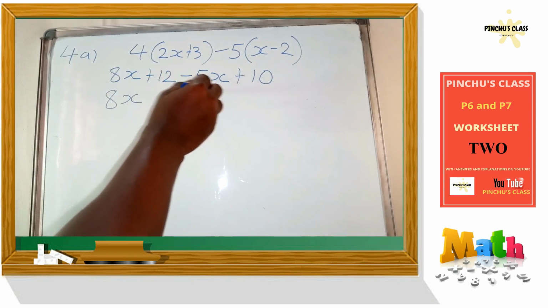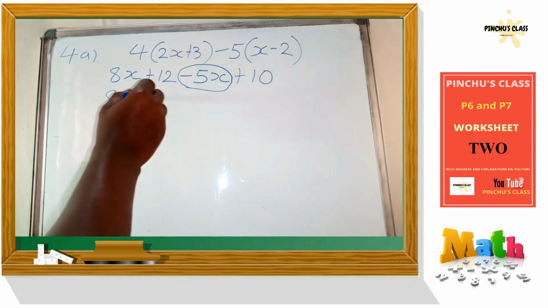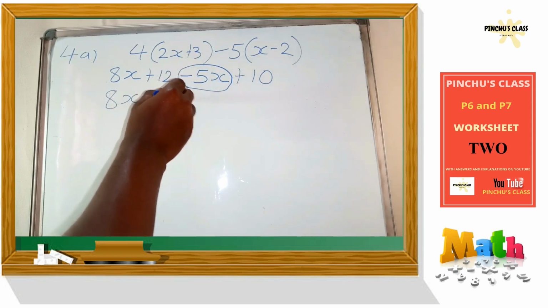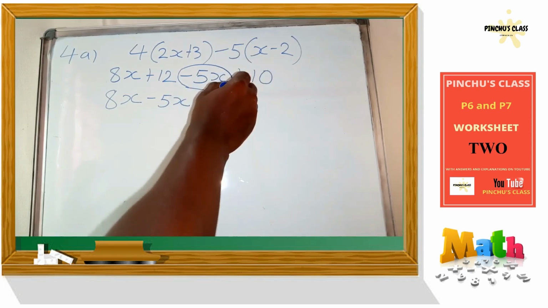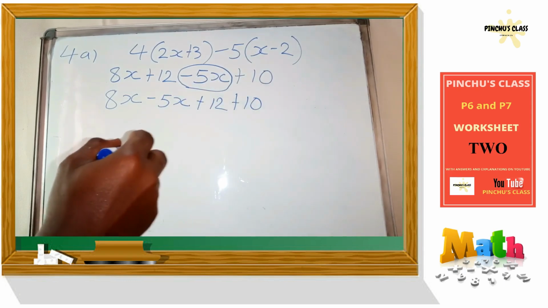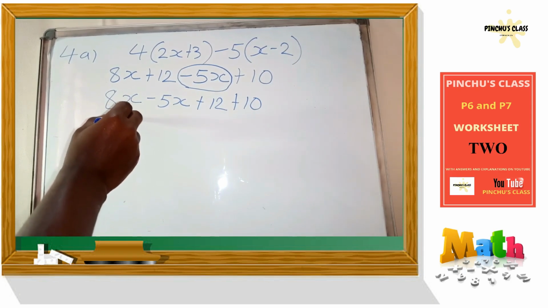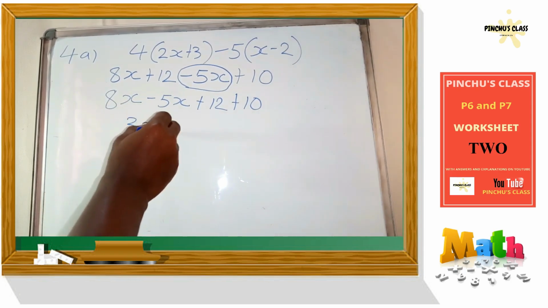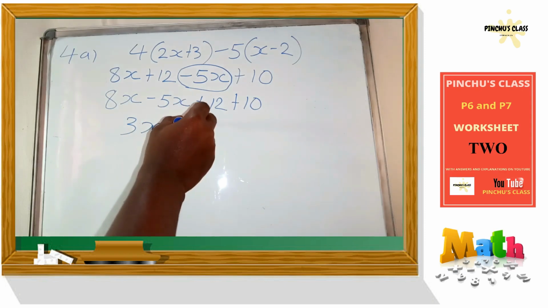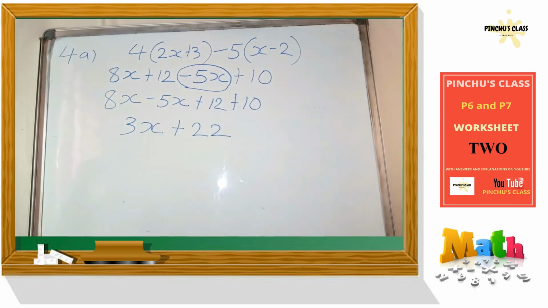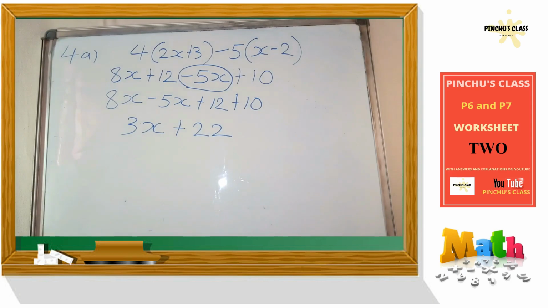Now this one will move with its own sign, minus 5x, then plus 12 plus 10, and our answer is going to be 3x plus 22, and that is the answer.